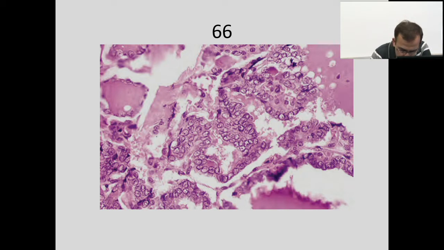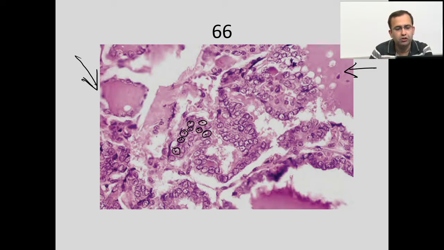We know this is thyroid by the presence of thyroid follicles with colloid in it. It shows large nuclei with prominent nucleoli.